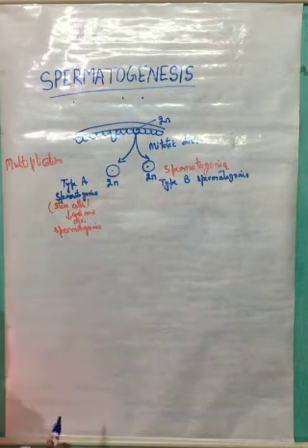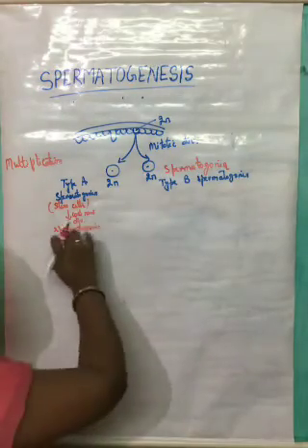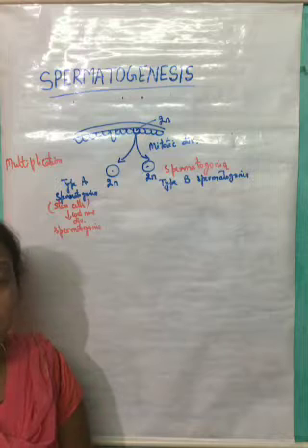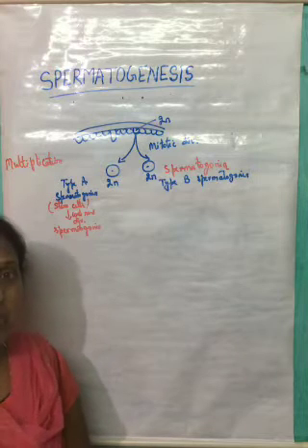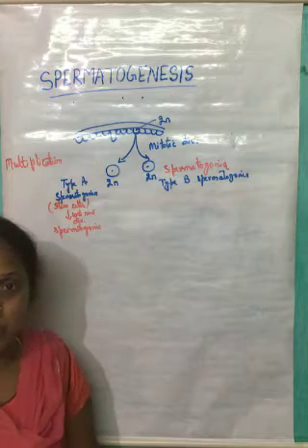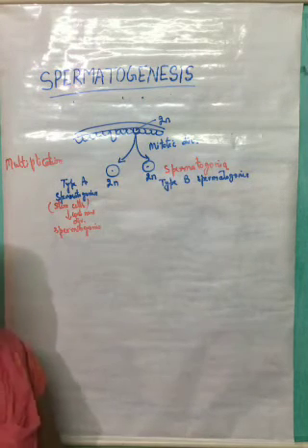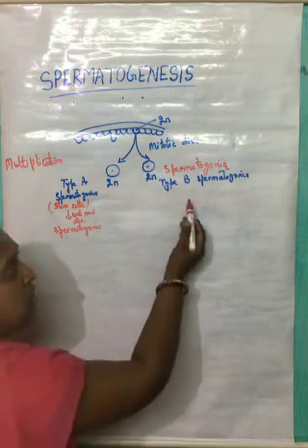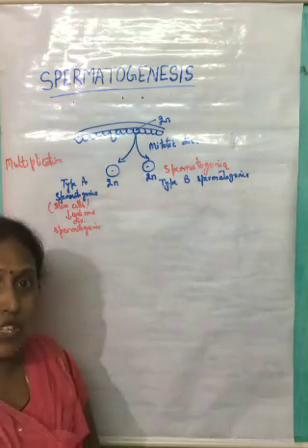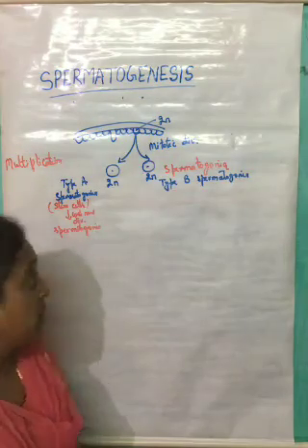That means due to the mitotic division, of the two types of cells which are formed, the type A cells can undergo continuous mitotic division, and further they will lead to the formation of spermatogonia. But we will concentrate on the type B spermatogonial cells, because type B spermatogonial cells will lead to the formation of the male gamete, that is the sperm.